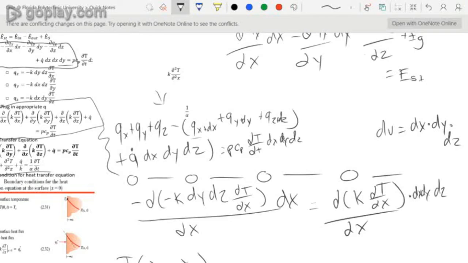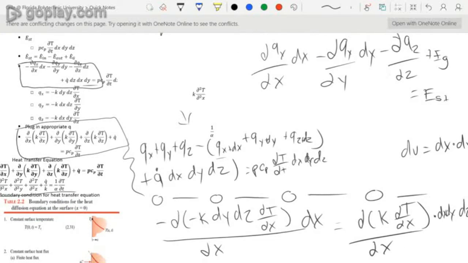So you get that. And as you can see from up here, each one of those q's is going to have that. So the partial of the heat transfer with respect to y will have this differential control volume. Same with the z, and same with the x.